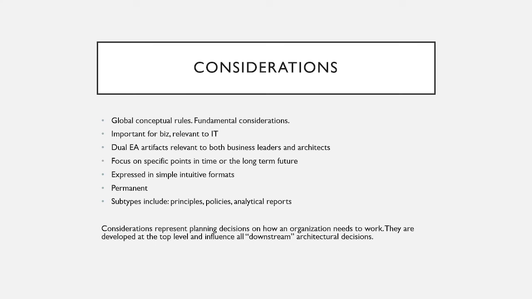Subtypes include principles, policies, and analytical reports. A principle being a global high-level guideline influencing all decision-making and planning in the organization, and analytical reports being executable analysis of relevant tech trends and their potential impact on business. Considerations represent the planning decisions on how an organization needs to work. They are developed at the top level and they influence all downstream architectural decisions.